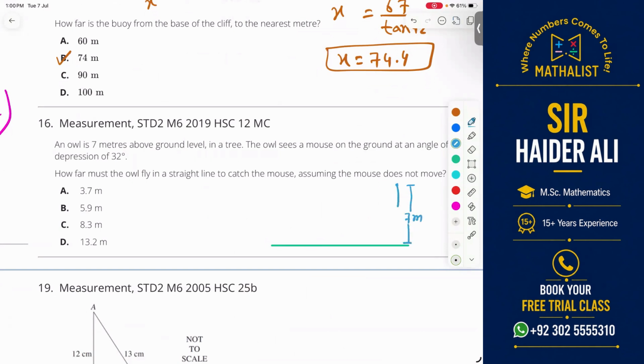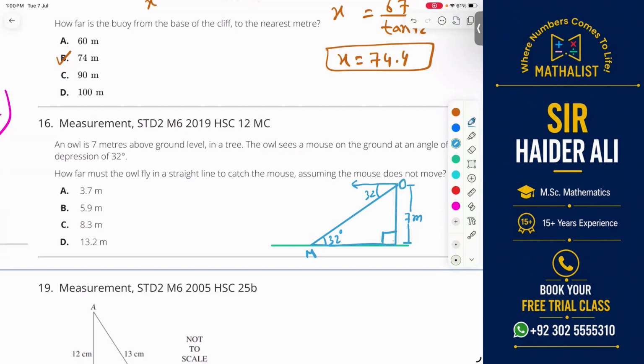And now what's happened? In a tree, the owl sees a mouse on the ground at an angle of depression of 32. Here is the mouse M, and we see it from an angle of depression that is 32. That means this angle of elevation is also 32, and it makes a right angle triangle.